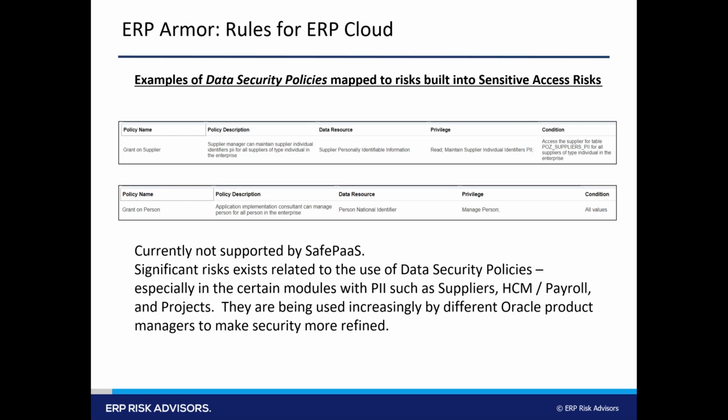I think the functionality for DSPs is coming out in the next version of SafePaaS, if I remember correctly. We haven't started building rules yet, but we certainly have to take DSPs, data security policies for short, into account when we are designing security.